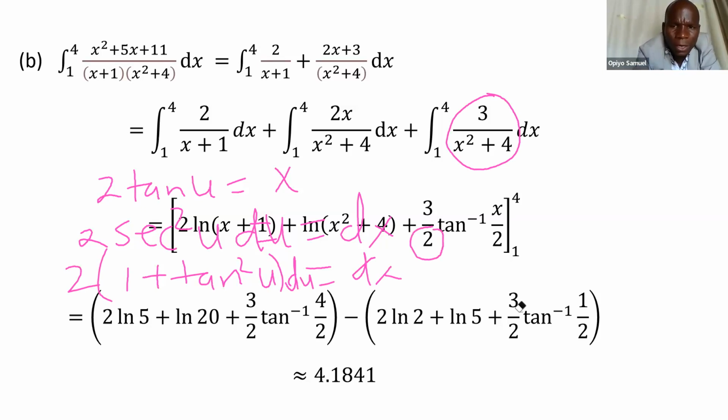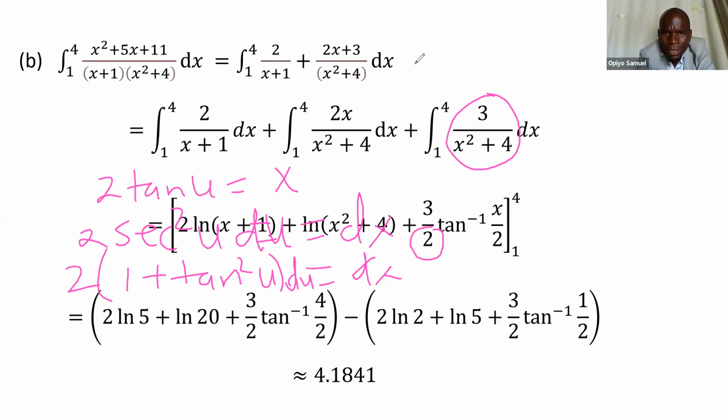So we have 3 out of 2u, but u is arctan. Remember, u is arctan of x out of 2. So that's how this part has come about.